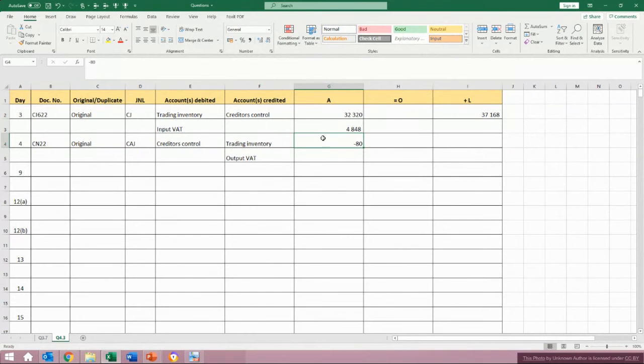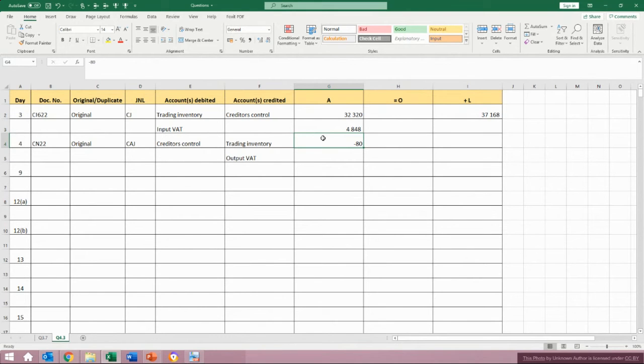Now the question is that creditors control, will that amount be inclusive or exclusive of VAT? Okay, Tumelo, there were 4 printers, but we're only returning one if you read number 4. So they only say there's one faulty one. So I haven't returned all 4. I'm only returning one of the 4. Okay, so that's why we're only dealing with one.